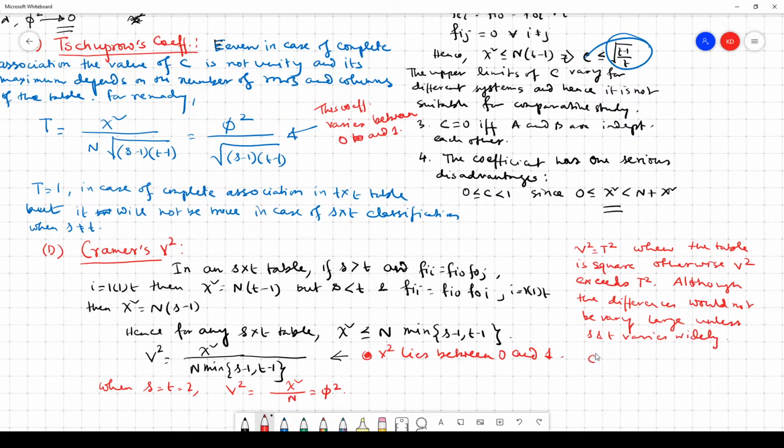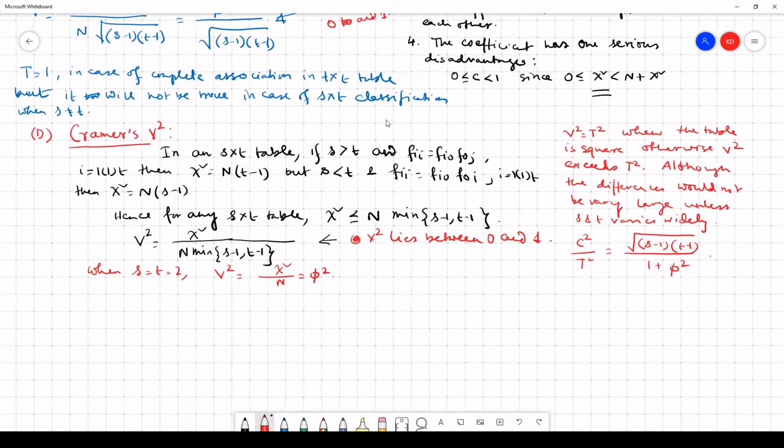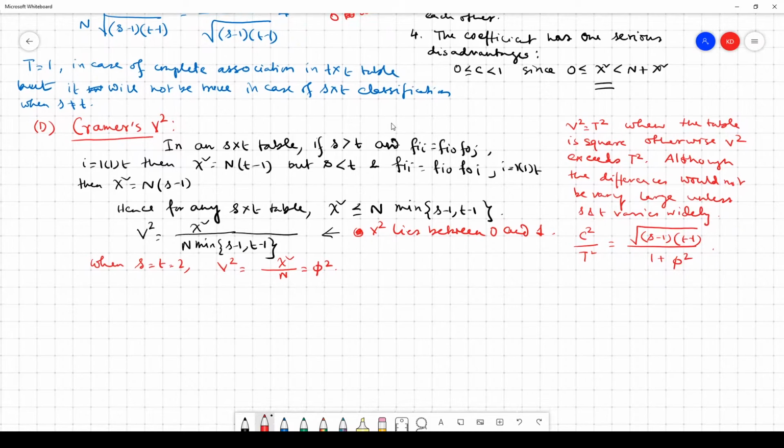And also you see that T square by V square is nothing but s minus 1, t minus 1 into 1 plus phi square. And we can use all these measures for ordinal and nominal data, but now we consider for ordinal string.